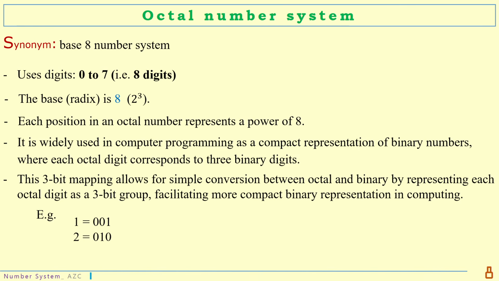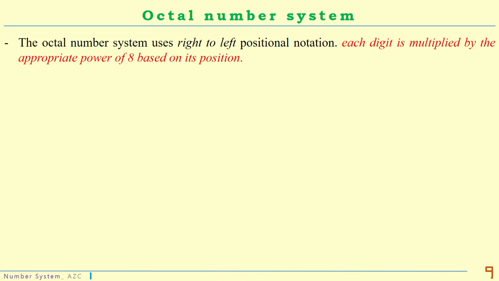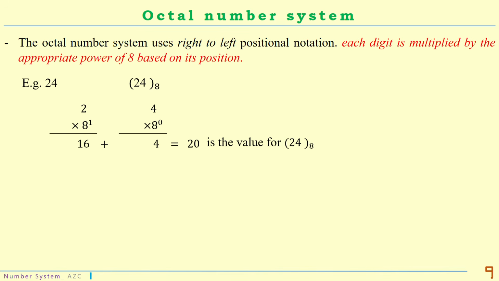This 3-bit mapping allows for simple conversion between octal and binary by representing each octal digit as a 3-bit group, facilitating more compact binary representation in computing. The octal number system uses right to left positional notation. Each digit is multiplied by the appropriate power of 8 based on its position.